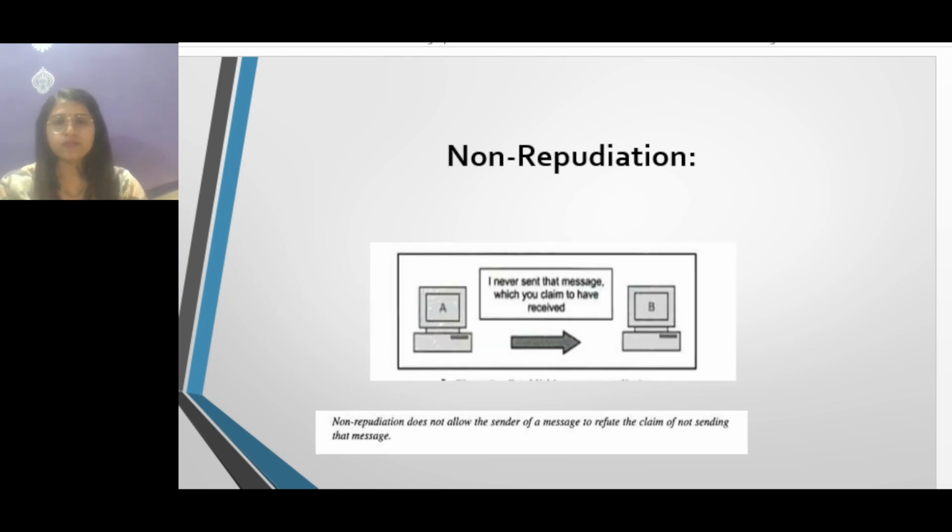So over here, non-repudiation does not allow the sender of the message to refuse the claim of not sending the message. If I am making some transaction, then I say to the bank that I have not made this transaction.